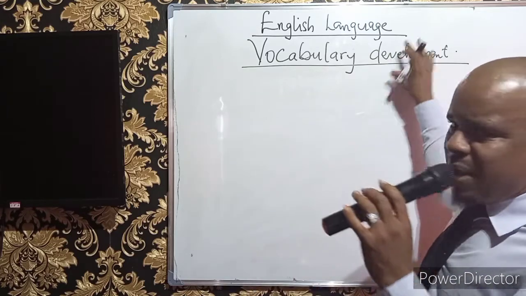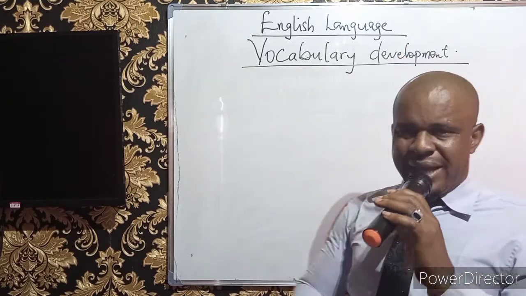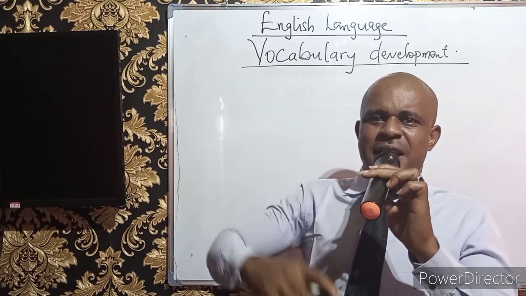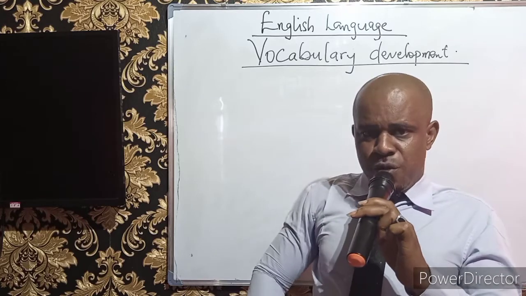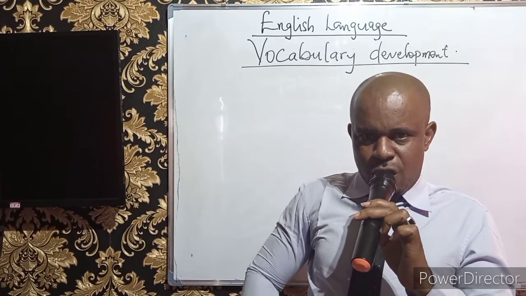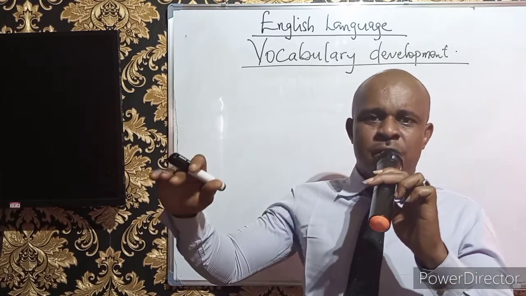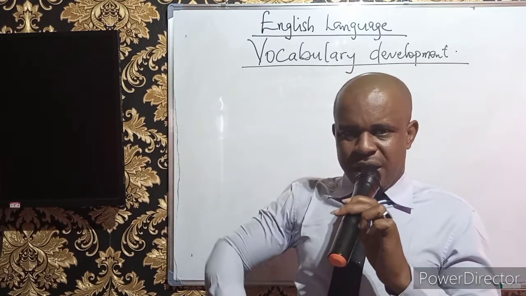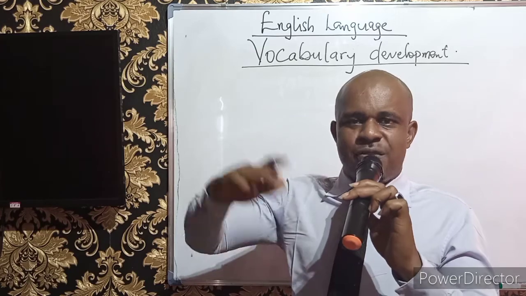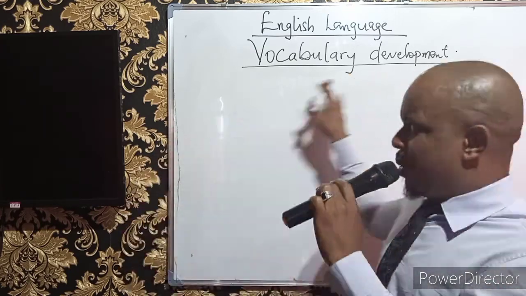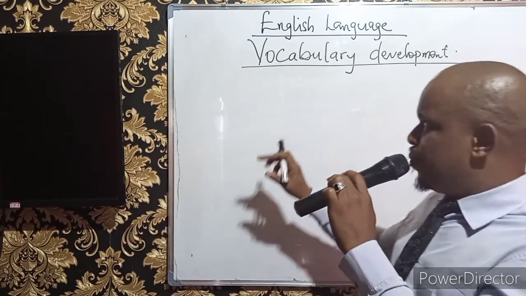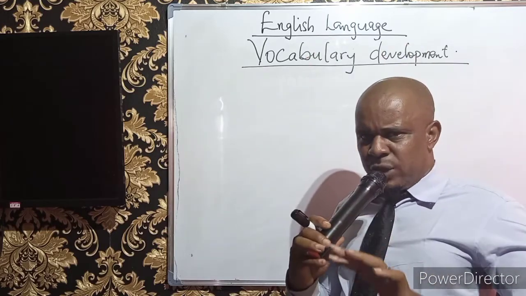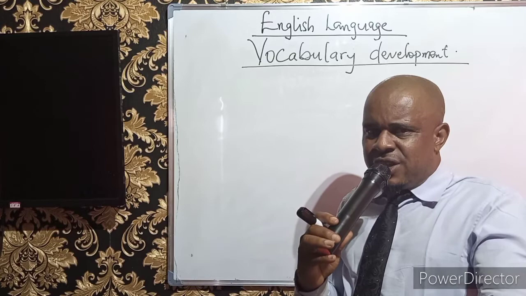Now, development involves a kind of growth. Development involves advancement. Somebody moving from a particular level he operates at to a higher level. When you are operating at a particular level, at a time, you begin to come up. You begin to advance. That is what we mean by development. So, when we say vocabulary development, I would expect us to look at it as a concept.